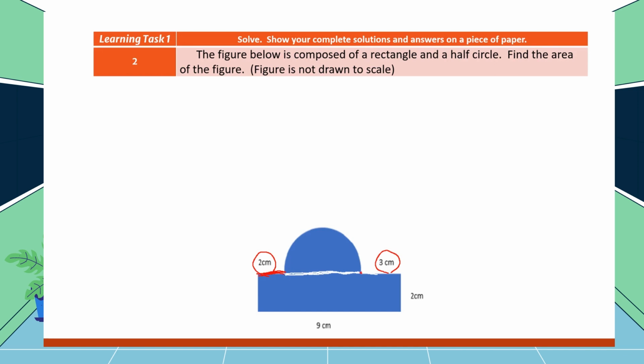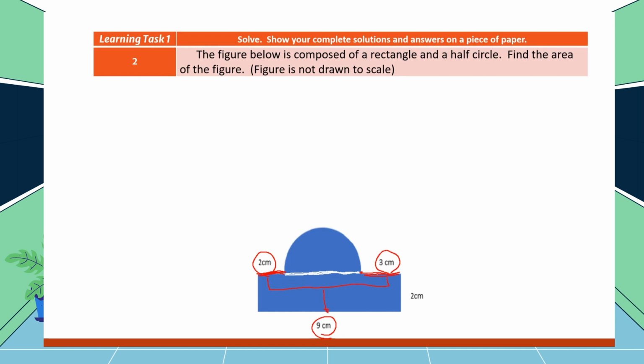Tapos, from this point hanggang dito, siya naman ay 3 centimeters. Pero, kung mapapansin nyo, sa ibaba, merong 9 centimeters. So, ibig sabihin, ang kabuuan dapat nitong length na to ay maging 9 centimeters.